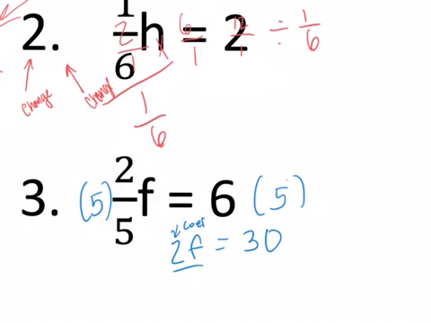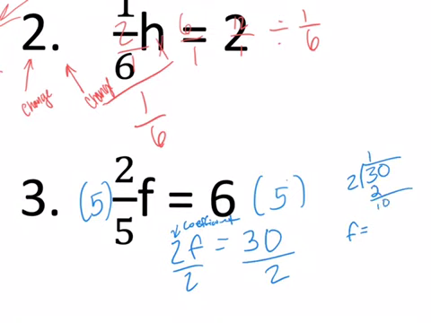It's called a coefficient. F equals 30 divided by 2. If you don't know this by mental math, just go ahead and work it out. So F equals 15.